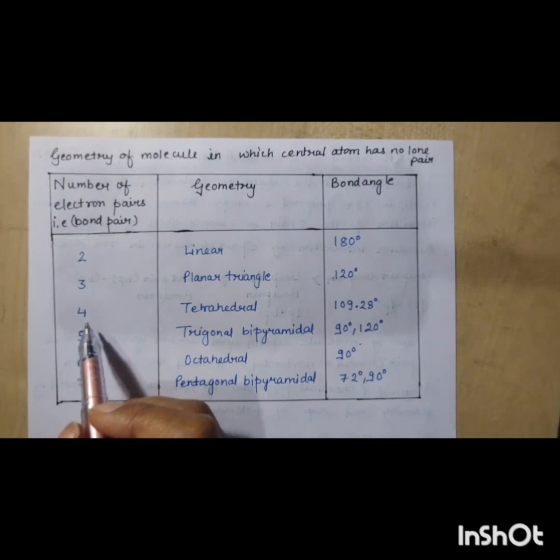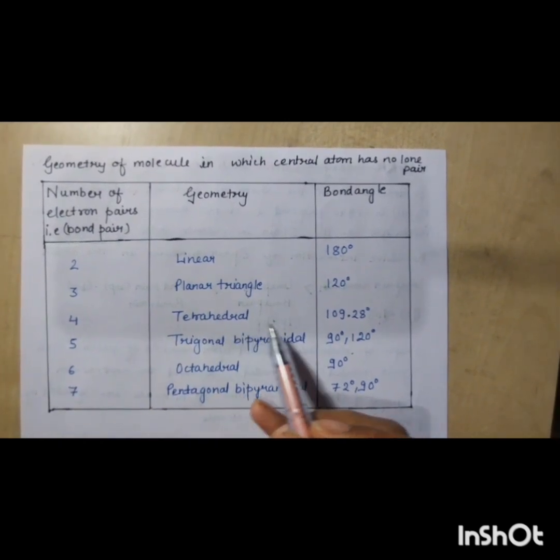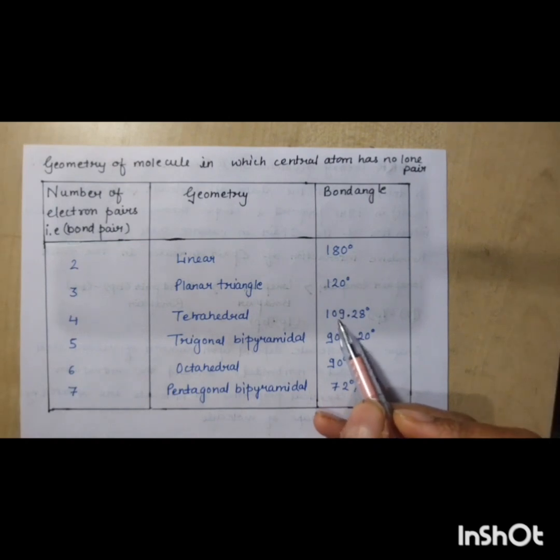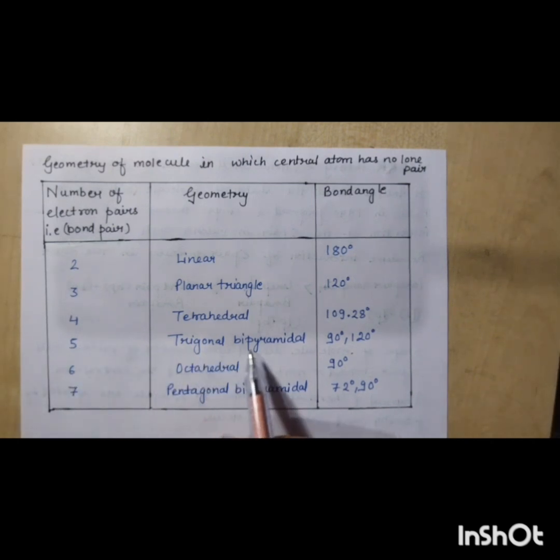Similarly, in the case of 4 bond pairs, tetrahedral geometry is found having a bond angle of 109.28 degrees. Here in the case of 5 bond pairs, trigonal bipyramidal geometry is found having bond angles of 90 degrees and 120 degrees.